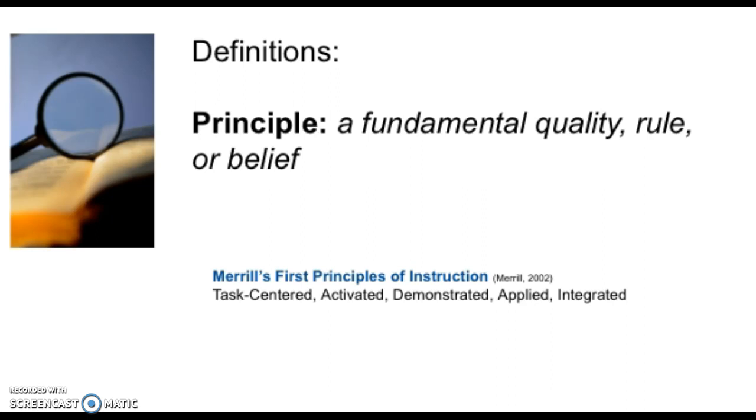Later in this class, you will learn about principles, such as Merrill's first principles of instruction, which basically are 5 principles that talk about elements that need to be in place so that learning can happen.